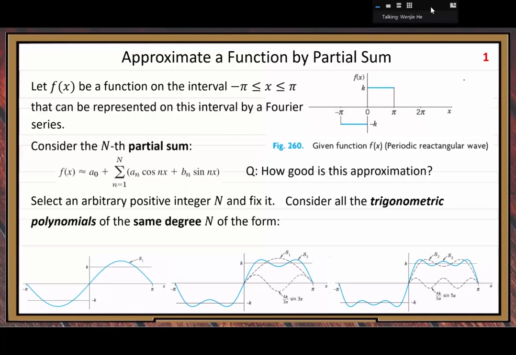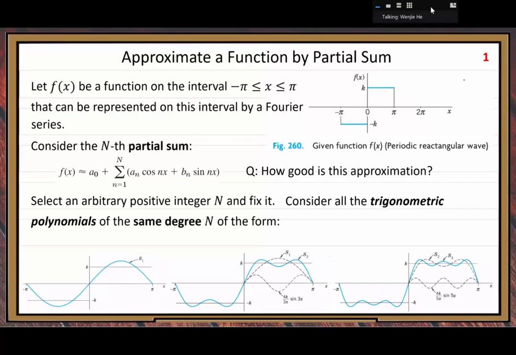So among all the degree n trigonometric polynomials, is the one we truncated, our partial sum of the Fourier series, the best approximation or not?